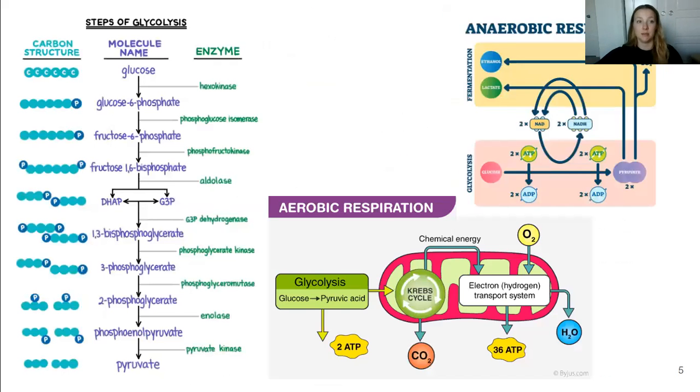So this is a little bit of an easier way to look at it. We have the enzymes on this side, we have our carbon structure on this side, and our names. The cell continues respiration at this point, either anaerobically, without oxygen, or aerobically, with the presence of oxygen. If the cell continues with aerobic respiration, it continues to the citric acid cycle.